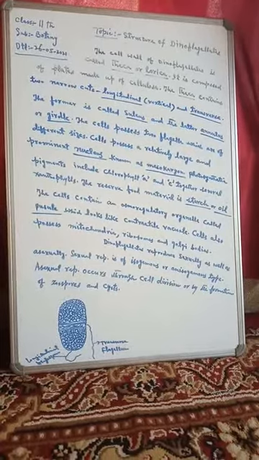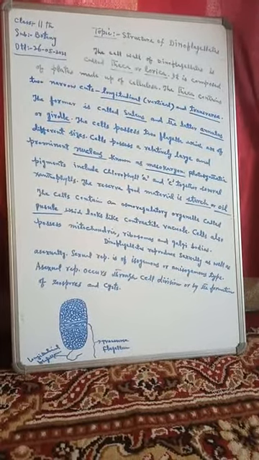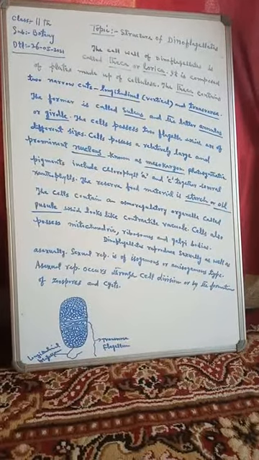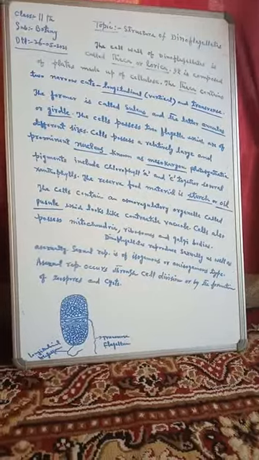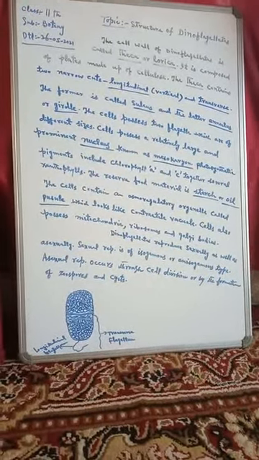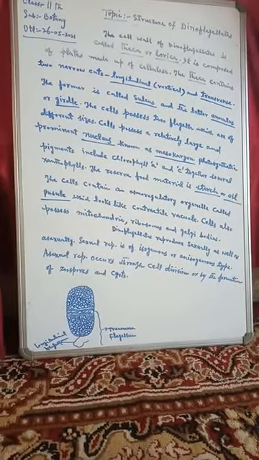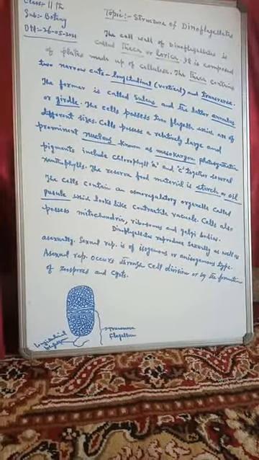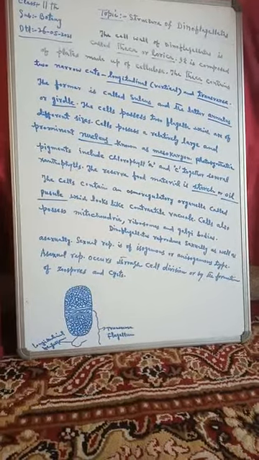Here you should now understand that the cell wall of these dinoflagellates is called theca or lorica. Its plates are made of cellulose, and this theca contains two narrow grooves. One is longitudinal while the other is transverse. The former, the longitudinal groove, is called sulcus, while the transverse cut is called annulus or girdle.